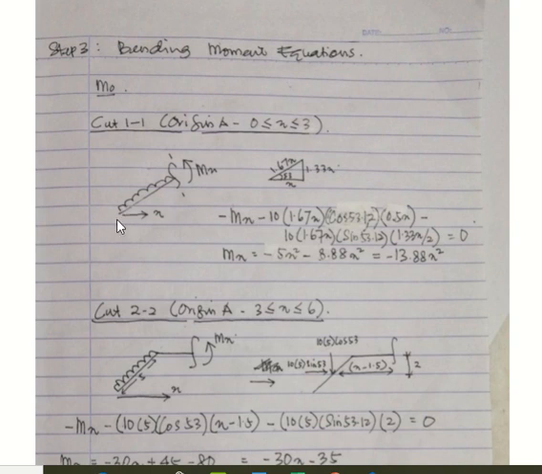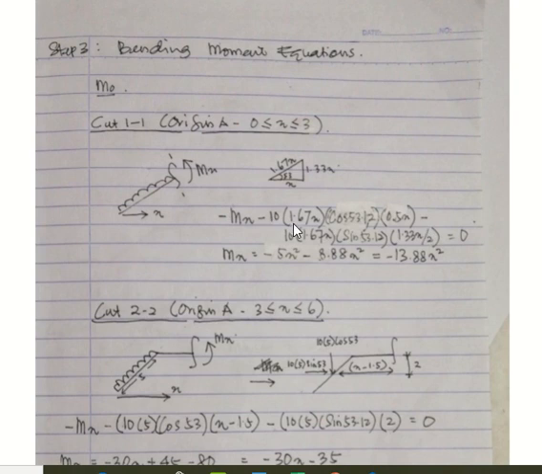Then this inclined UDL I will resolve in vertical direction and horizontal direction. That's why there are two terms here in your equation: one is the vertical component and the other is the horizontal component.